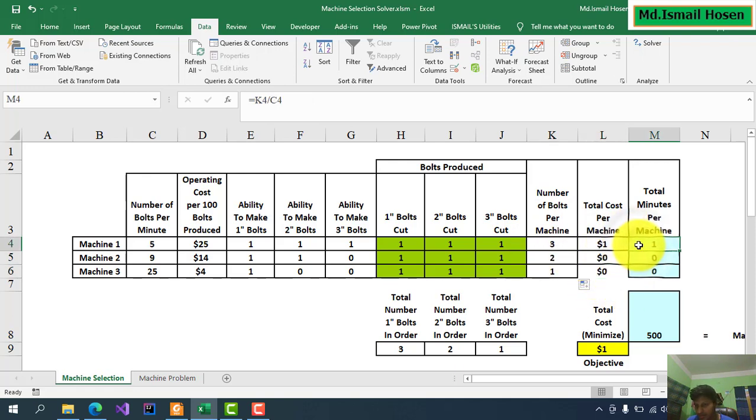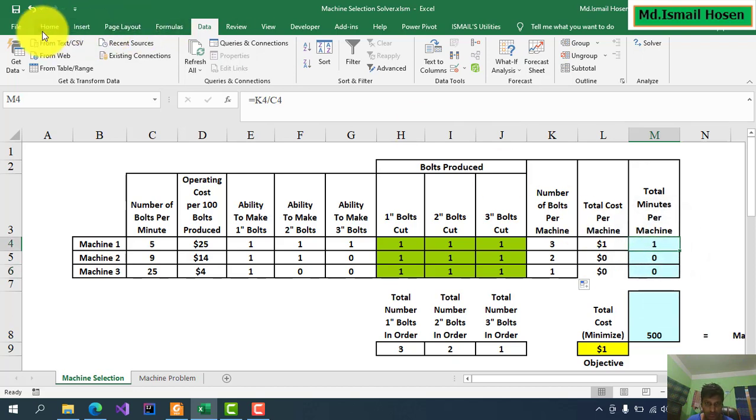So the total minutes per machine. You can see that our speed is that we can produce 5 bolts per minute, right? In this case we are producing 3 units of bolts, so we need to find the total minutes, which is the total number of bolts per machine divided by speed. This gives me the total minutes to produce this amount of bolts.